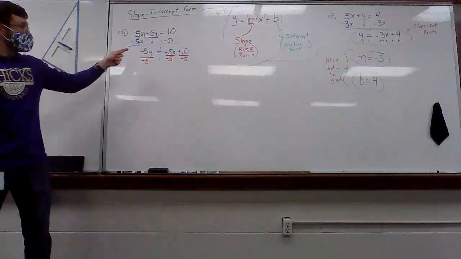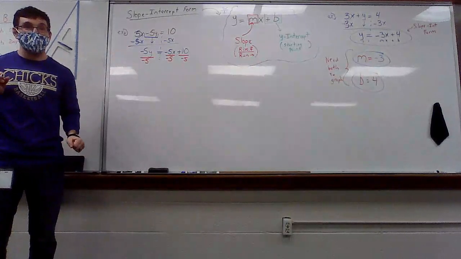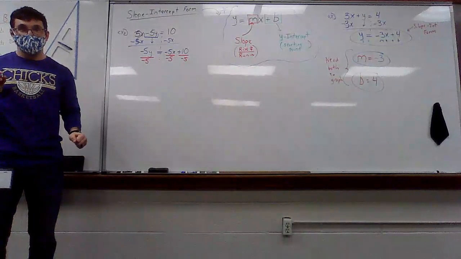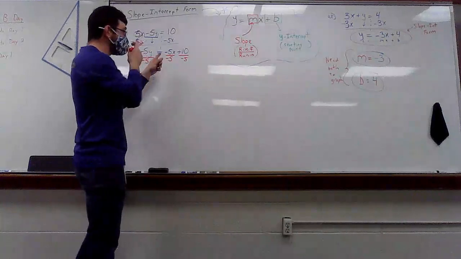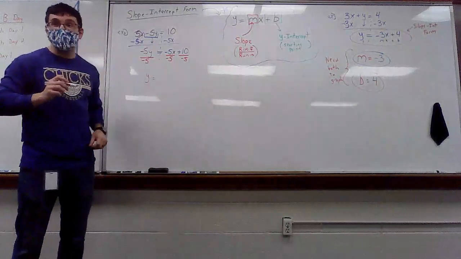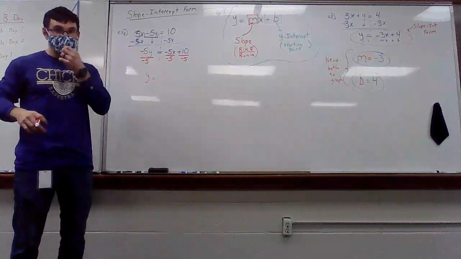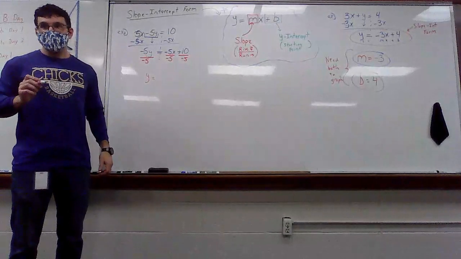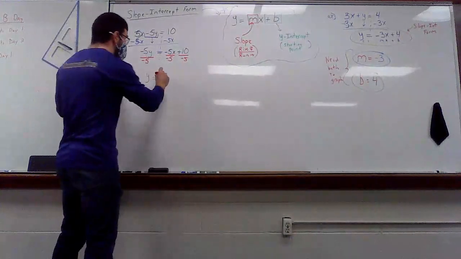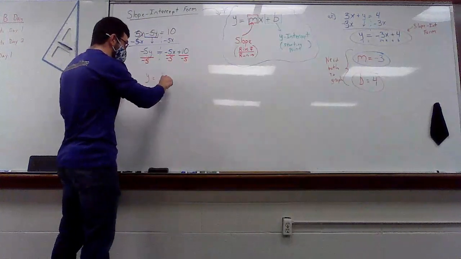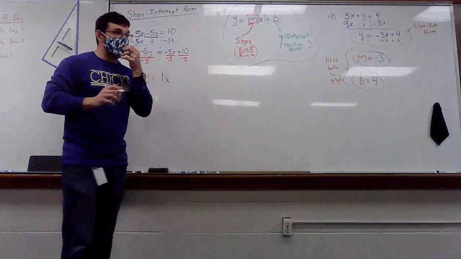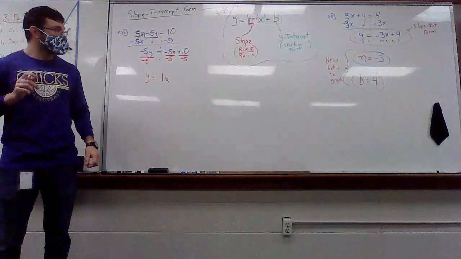Okay, so here we go. Negative 5 divided by negative 5 is? Positive 1y. Good. You have to do everything in your calculator. Do negative 5 divided by negative 5. What do you get? 1. 1 what? Positive 1 x. Do positive 10 divided by negative 5.